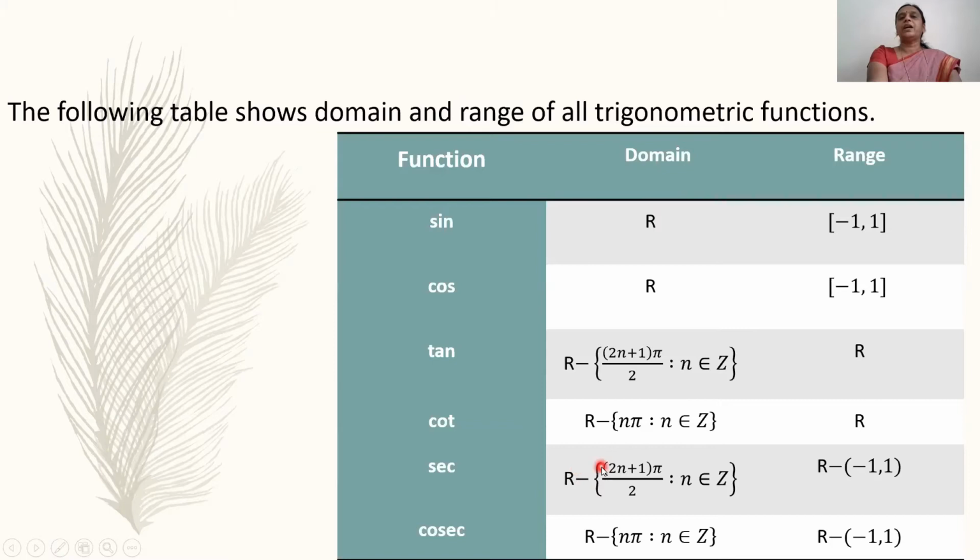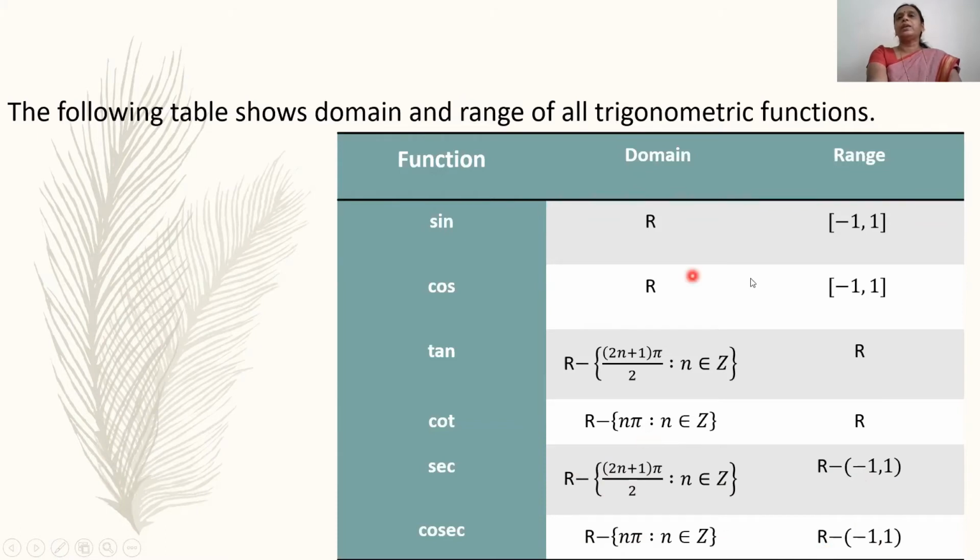For sec, the domain is R minus (2n plus 1) times pi by 2, where n belongs to Z, and the range is R minus the open interval -1 to 1. And for cosec, the domain is R minus n pi, n belongs to Z, and the range is R minus the open interval -1 to 1.